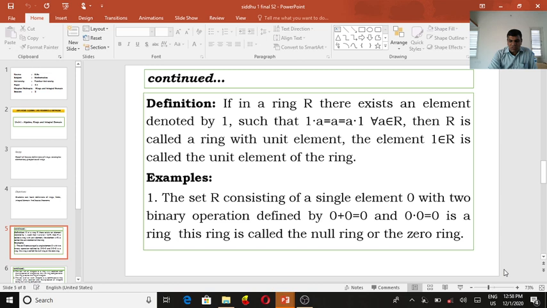N is the smallest set, which is contained in Z. Z is contained in Q. Q is contained in R, which is contained in C. It means the set of all natural numbers is the smallest compared to the set of all integers. The set of all integers is smaller compared to the set of all rationals. Rational is a field contained in R.